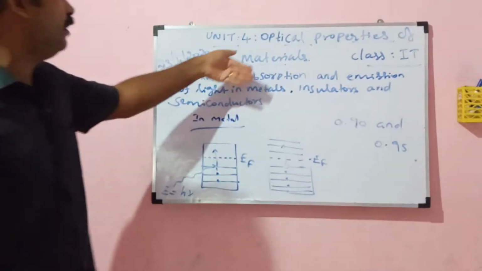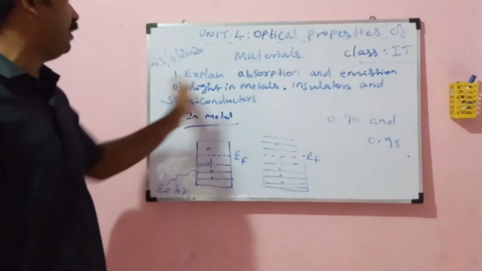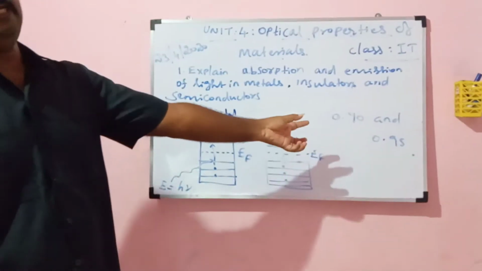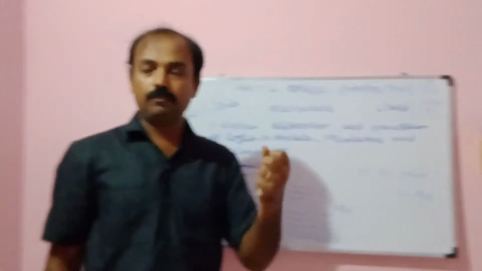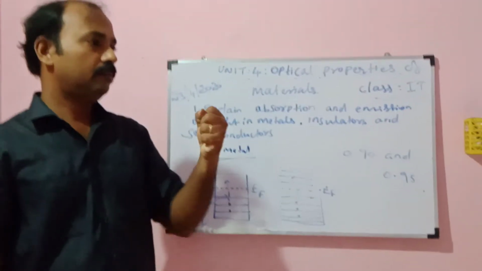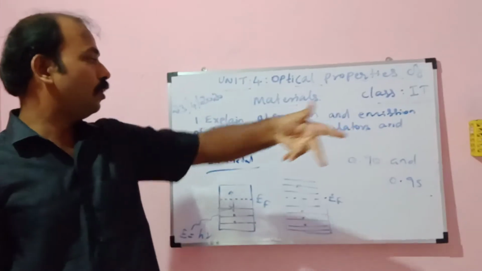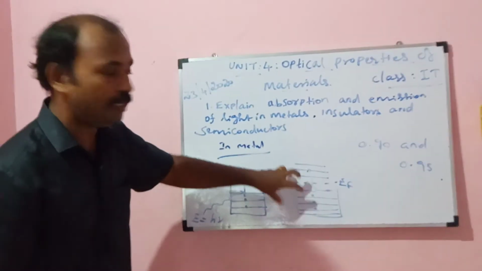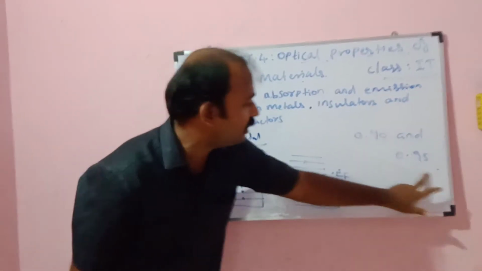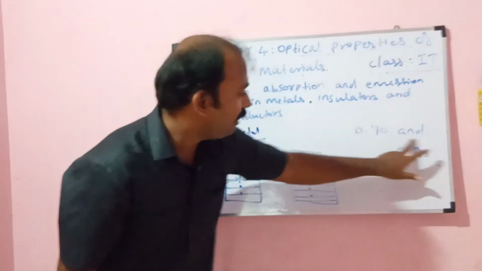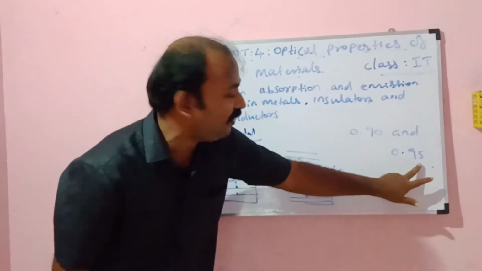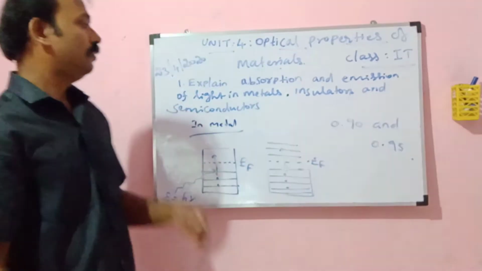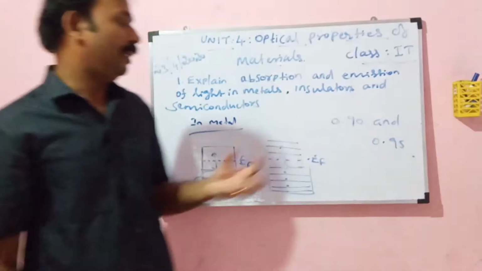We already explained how absorption and emission take place in case of metal. Particularly some metals are able to absorb the light and also emit, and more or less all the light that falls on this metal is going to be reflected based on this reflectivity. So 0.95 means 95% of light is going to be reflected back.